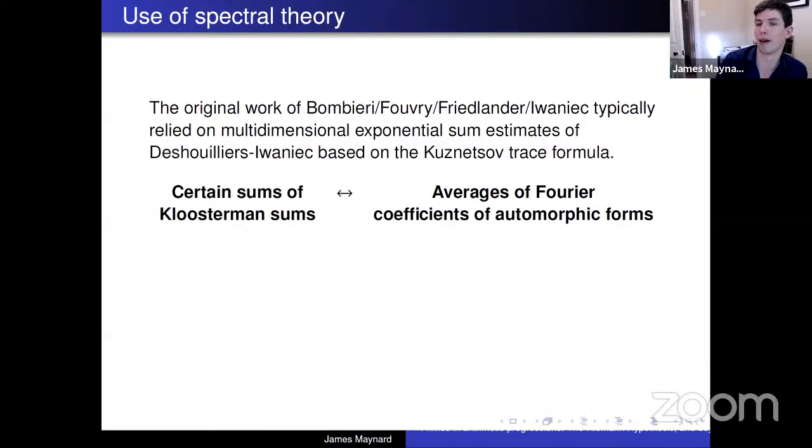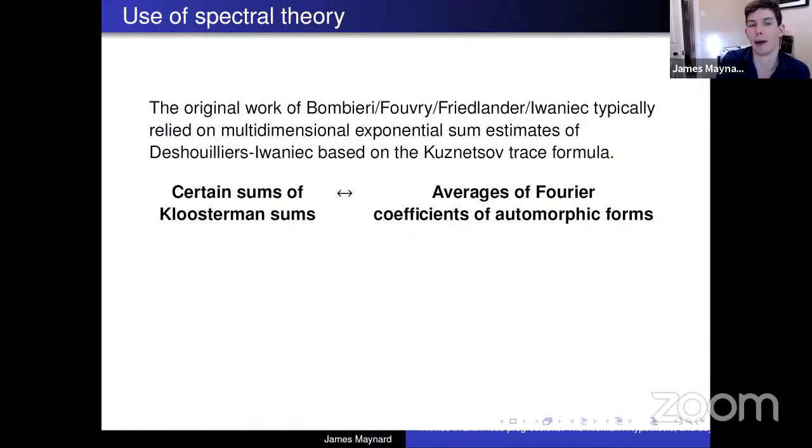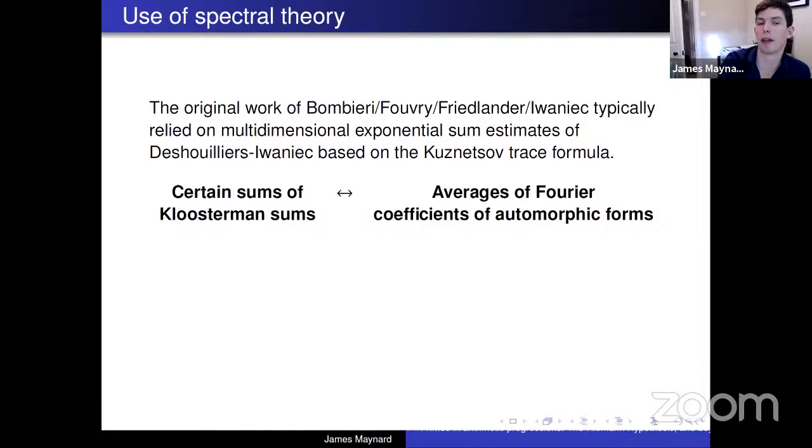And so if you can understand Fourier coefficients of automorphic forms, you can get good bounds for sums of Kloosterman sums and correspondingly estimate the quantities that come out from doing Fourier analysis that I mentioned on the previous slide.